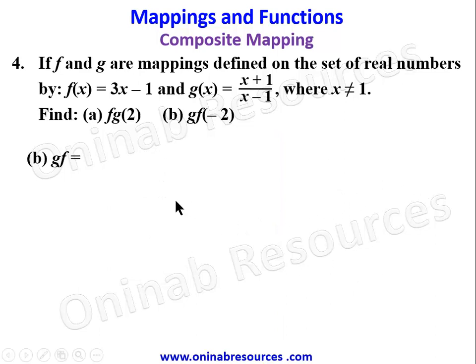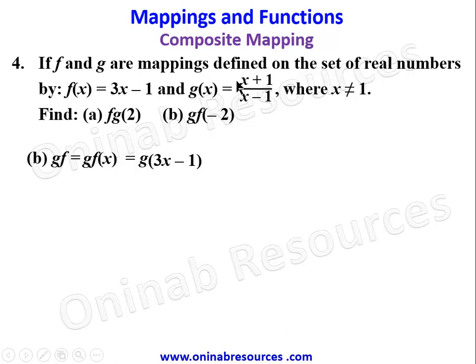Also, we find gf first. That's going to be gf of x, and our f of x is 3x minus 1. So we have g of 3x minus 1. So we go to g of x. Wherever we see x, we put 3x minus 1.